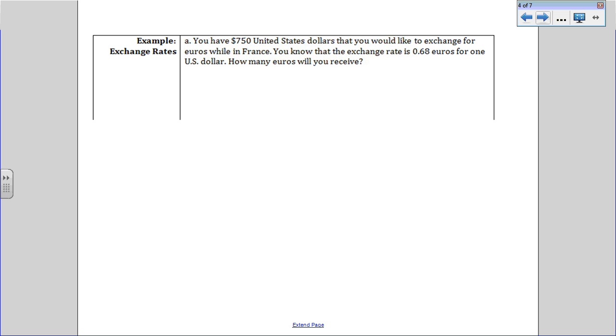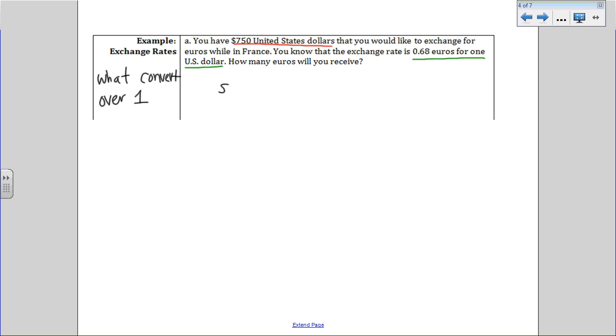So a couple important things here. We know we have US dollars that we're converting, and we know that our rate is 0.68 euros for 1 US dollar. You've got to be able to find those two things in your problem. I'm not sure how recent this information is. It's a couple of years old, so don't hold me to this. So remember, what we're going to do is set up what you're trying to convert over 1.